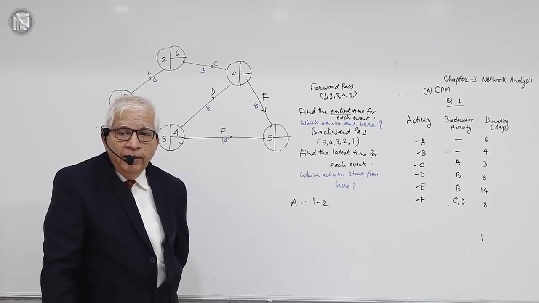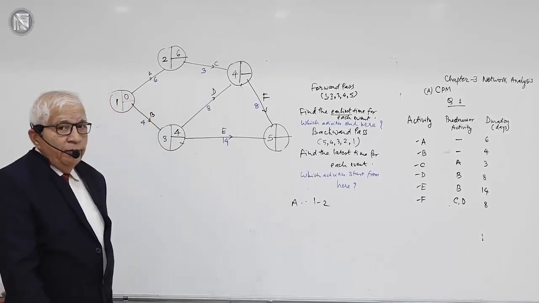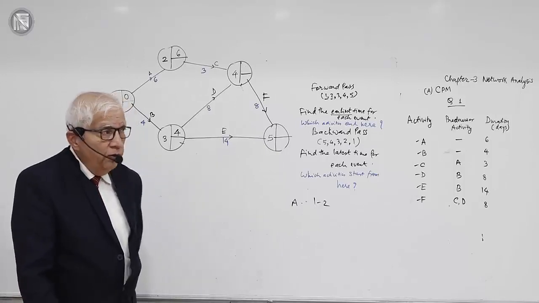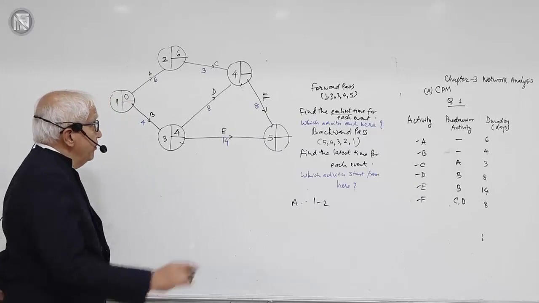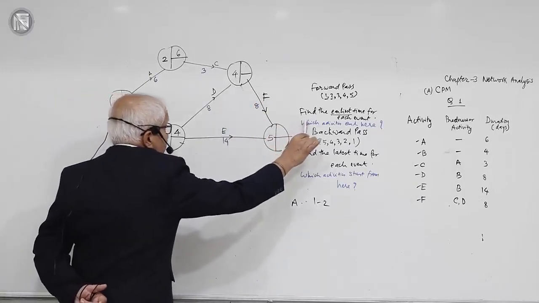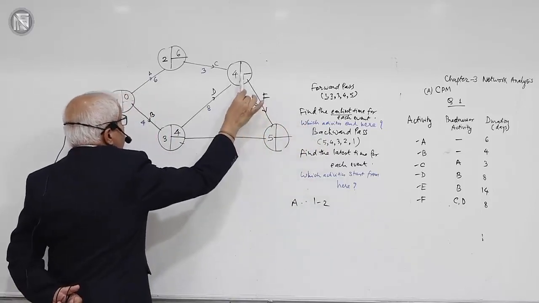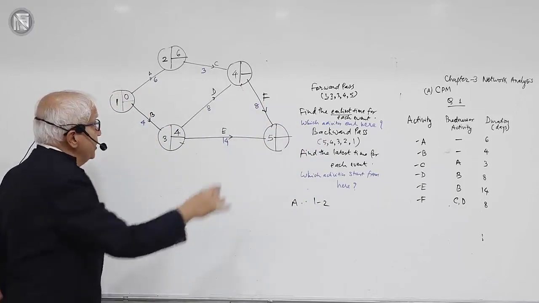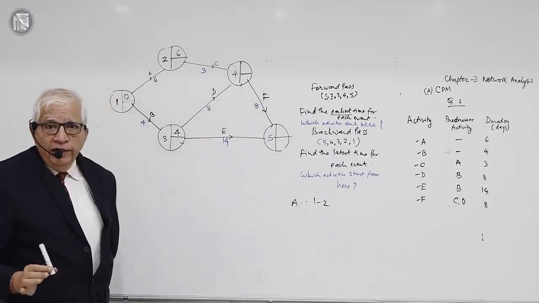Then I go to event number 4. Now the things become a little different, a little more difficult. What is the purpose? I am trying to find out the earliest time for event number 4. Which are the activities ending at event number 4? There are 2 activities ending at event number 4, C and D. Both end at event number 4.